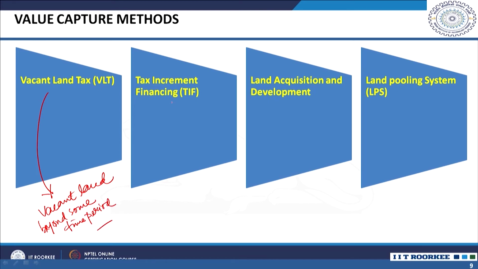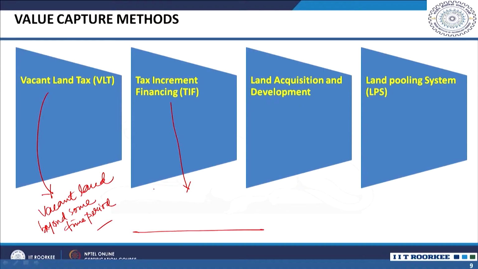Another method is tax increment financing. The objective of tax increment financing is that when, in an inner city or any part of the city, due to some congestion and some adverse effect, you are trying to renew or regenerate the area by giving an additional boost of financing in the infrastructure projects, in that case your tax, this could be your basic value of tax, and this could be the increment.